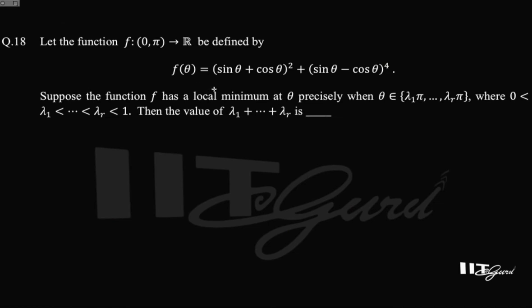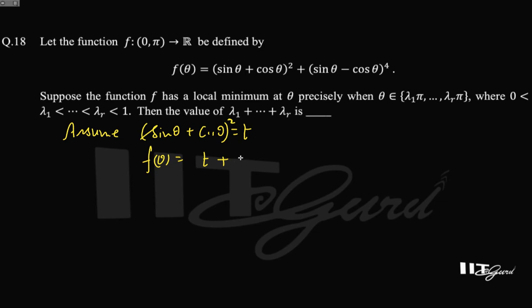Question number 18. f theta is (sin theta plus cos theta) whole squared, times (sin theta minus cos theta) to the whole power 4. This can also be expressed in terms of sin theta plus cos theta. So better to assume sin theta plus cos theta whole square as t, so no need to write t square, directly t.